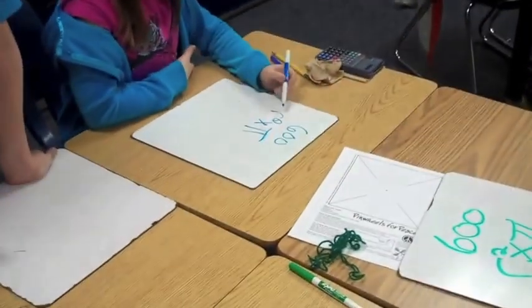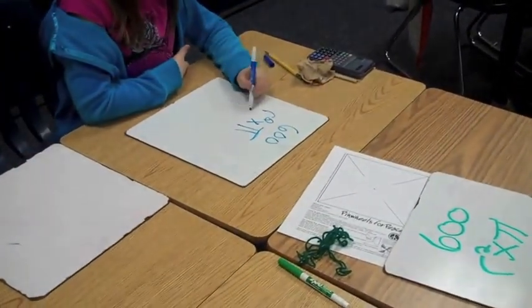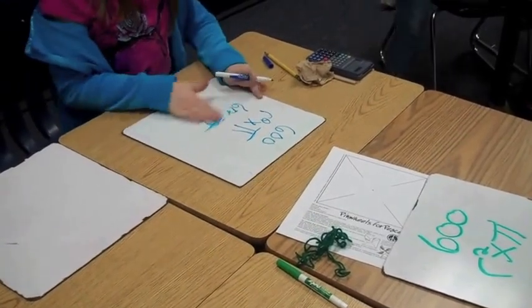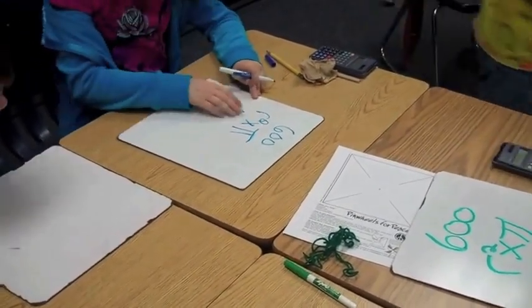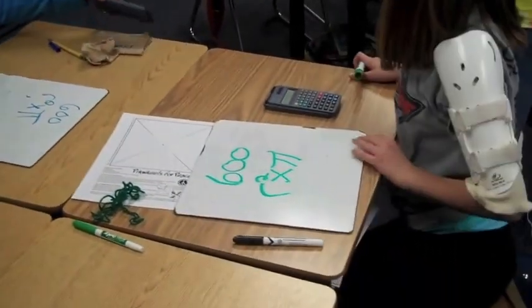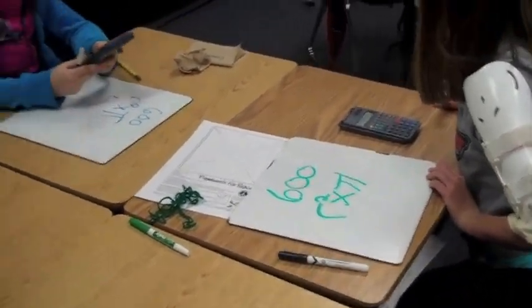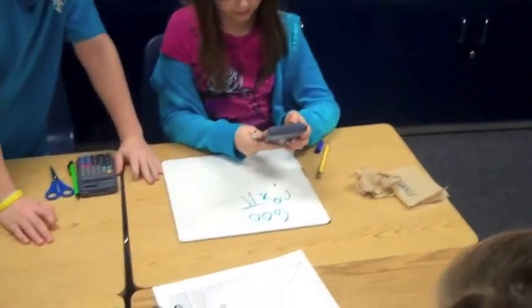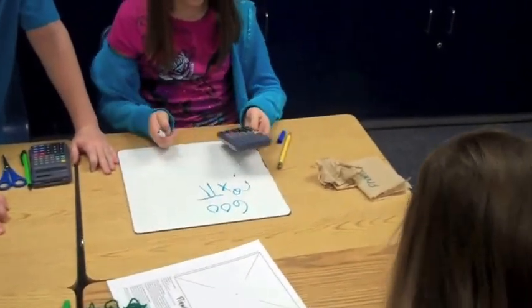Here's where you need to construct your circle. 600 divided by 3.14. Equals 191.08. So 600. 191 divided by 2.